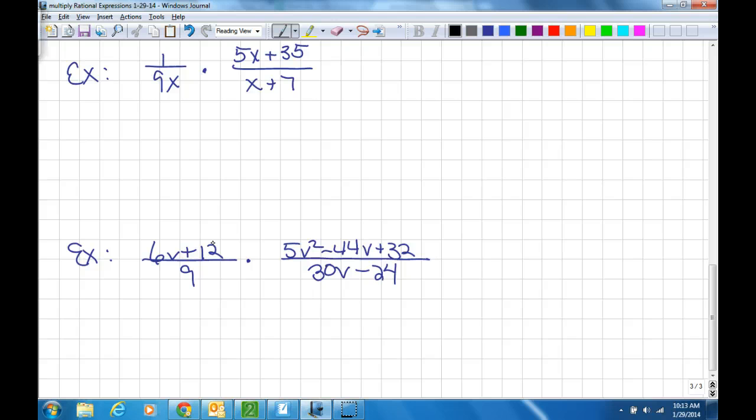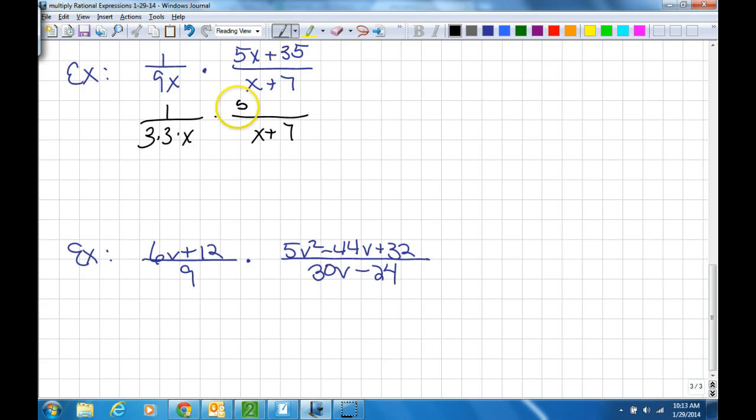So on this one, what we're going to want to do first is break everything down, once again, into its prime factors. And right here, a 9, I can break that down into 3 times 3 times x. The x plus 7, there's nothing I can factor out of that, so I'm just going to leave it like that. But what can I factor out of the numerator here? A 5.